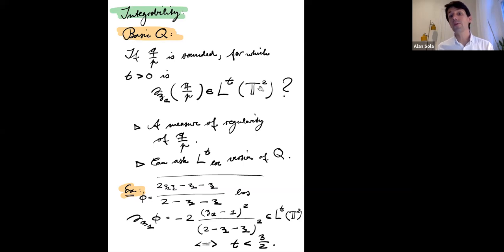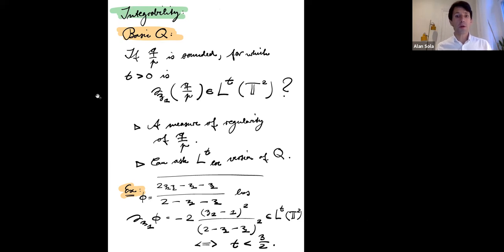So L^t of T2 stands for the usual L^t space of the 2 torus with Lebesgue measure. So this is some way of measuring how regular Q divided by P is. Of course, you can ask a local version of this question where you ask that Q divided by P is integrable in some neighborhood of a boundary 0 of P.